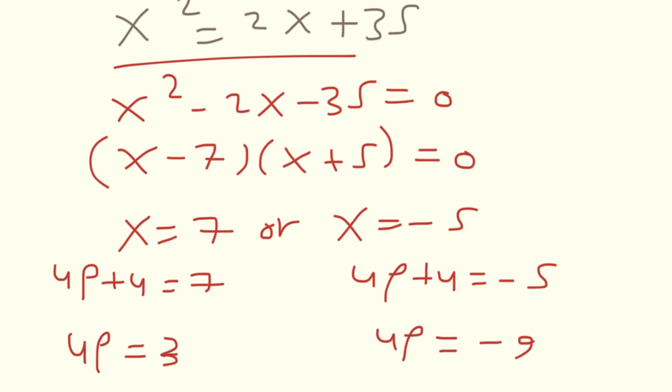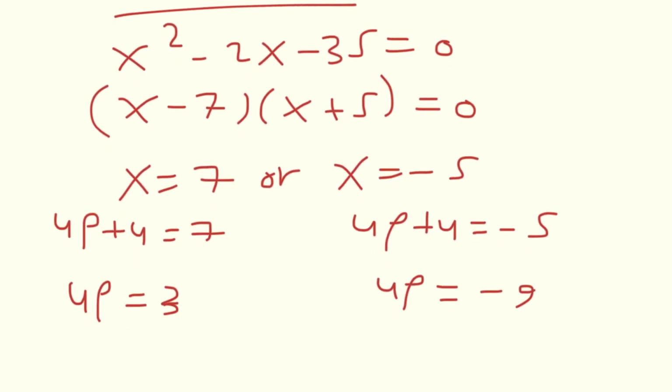If you simplify more, you divide by 4 and get 3 over 4, and minus 9 over 4. So I got the two answers quickly compared to opening the brackets. So it's good to learn the substitution method when you have an equation reducible to quadratic.